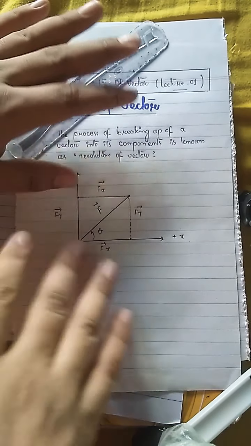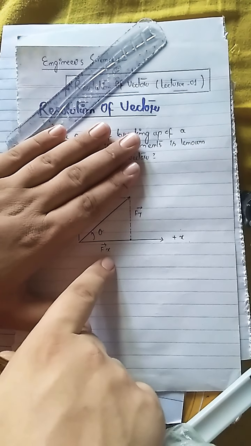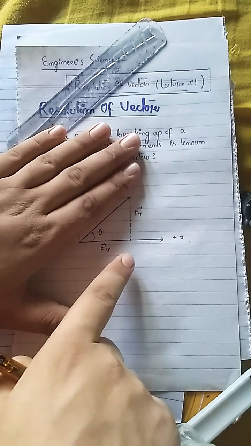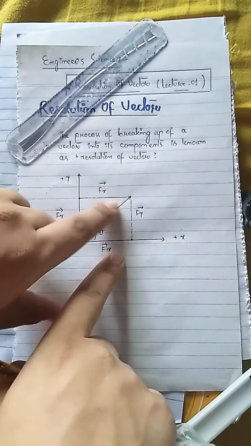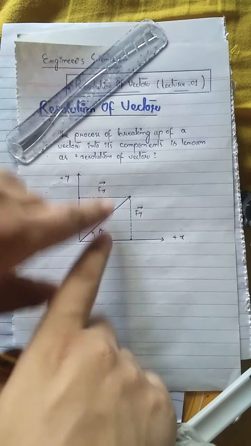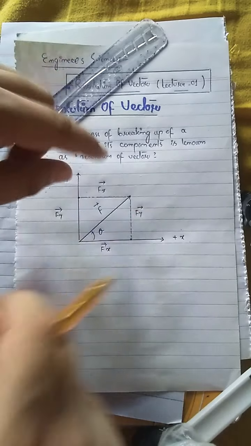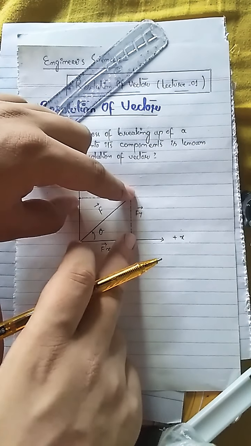Now you can see that the vector is resolved into its two components. The first component is the x component, the second component is the y component. You can draw the x component here, or you can draw this component here as well. Both methodologies are correct. This component which is parallel to the y-axis is representing the y component of the vector.